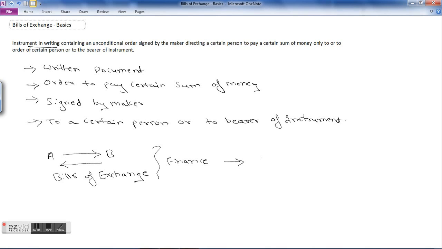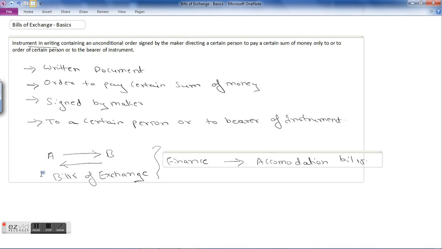Such bills are known as accommodation bills. Here we will be mainly focusing on a seller and a purchaser. Now let's see an example of how a bill of exchange is drafted.